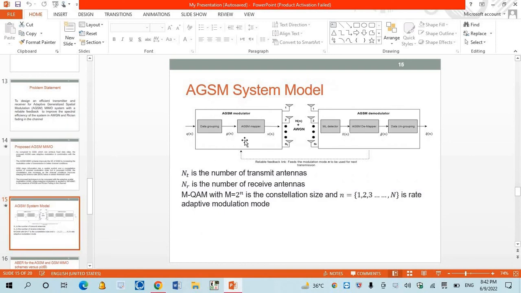It has a transmitter side, then there is a channel matrix, and there is a receiver model. The dotted line shows the feedback signal for the better channel condition. If the channel condition is better, then the number of active antennas becomes high and the data rate or the quality of service becomes better.